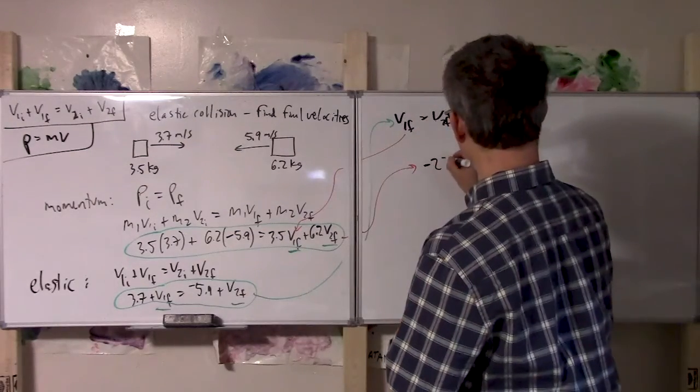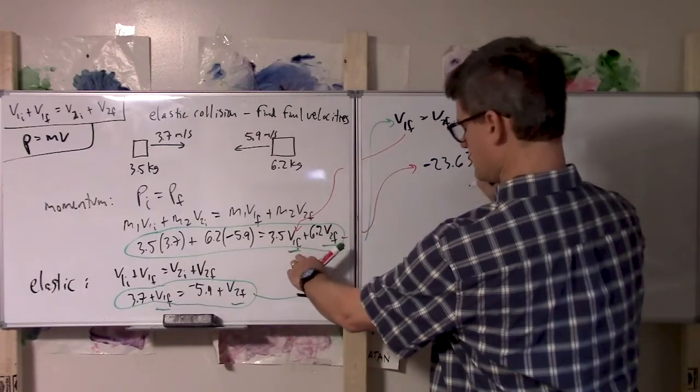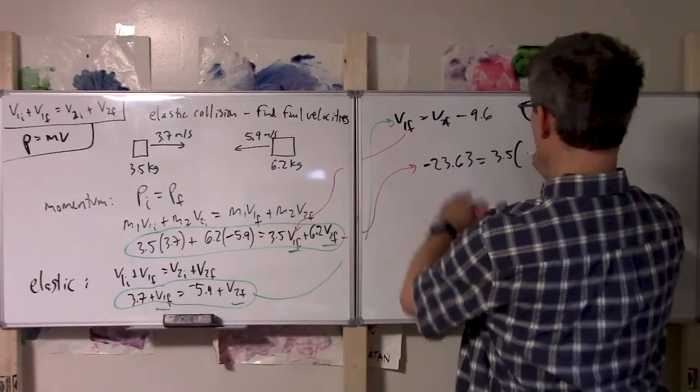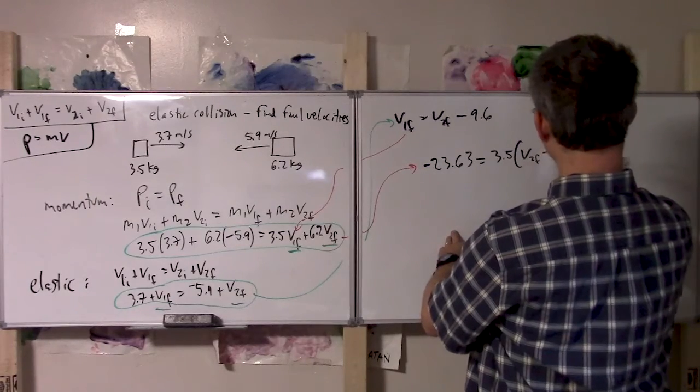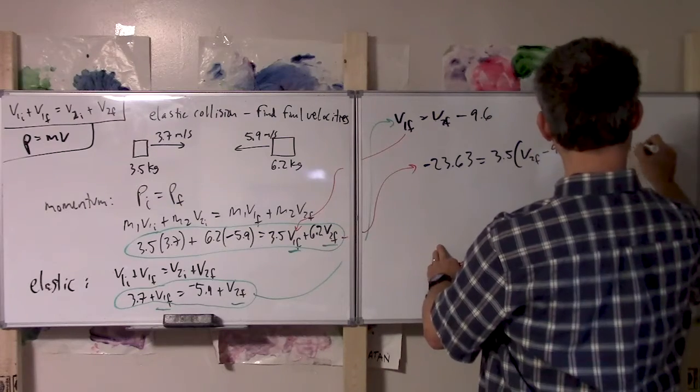So negative 23.63 equals 3.5 times v1 final, which is all of this, v2 final minus 9.6, and then plus 6.2 times v2 final.